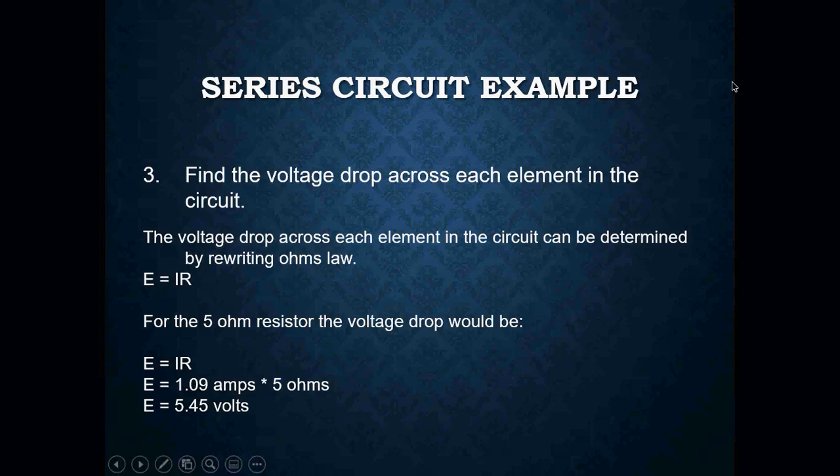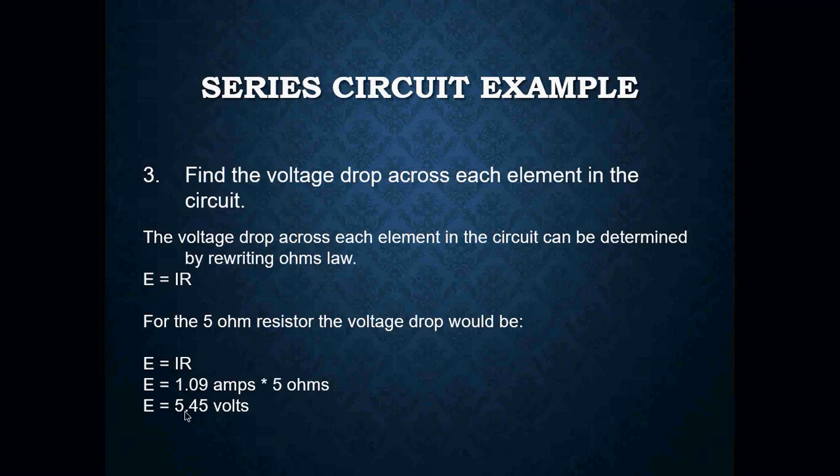Okay, to find the voltage drop for each one of our elements in this circuit, now remember the voltage drop across each element in the circuit can be determined by rewriting Ohm's Law. E equals I times R. Okay, so for our 5 ohm resistor, we're going to take our known amperage that we now have of 1.09 amps, and we're going to times it by 5, by that first resistor.